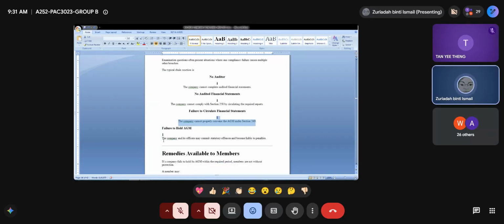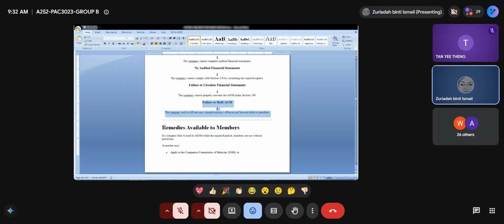And failure to hold the AGM, what is the consequence? The company and directors are subject to penalty, for example. This is what we call multiple issues and multiple consequences.